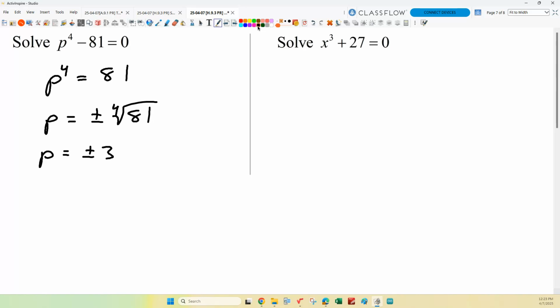We haven't talked about this yet, but this is what we're going to talk about tomorrow. The fundamental theorem of algebra. It tells us that the degree of a polynomial equation tells you the number of complex solutions to that polynomial equation. What's the degree of that polynomial? 4. Okay, so the fundamental theorem is telling us that there are 4 complex solutions to that polynomial equation.